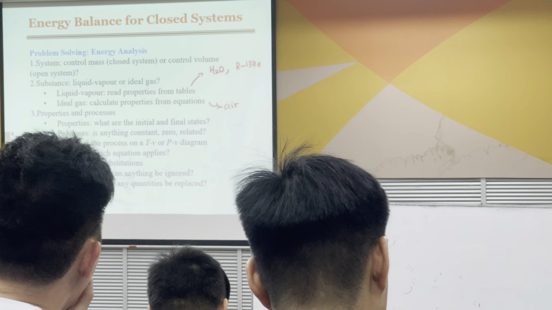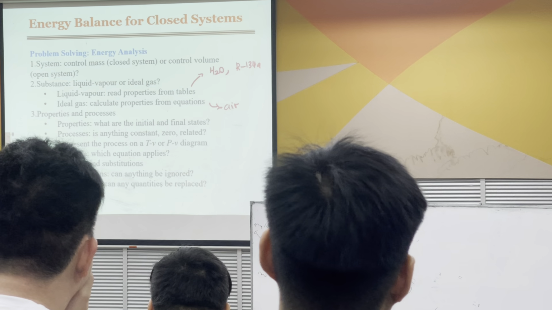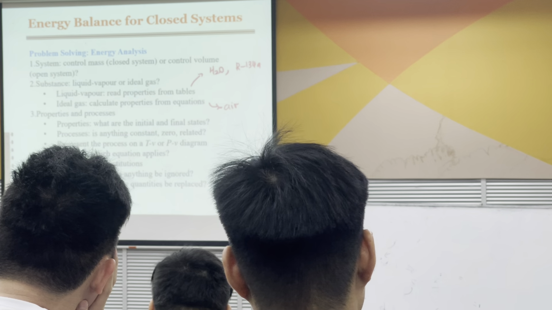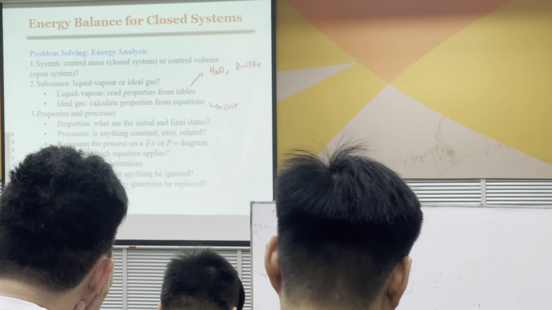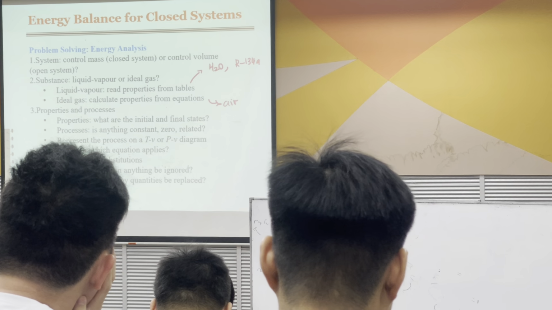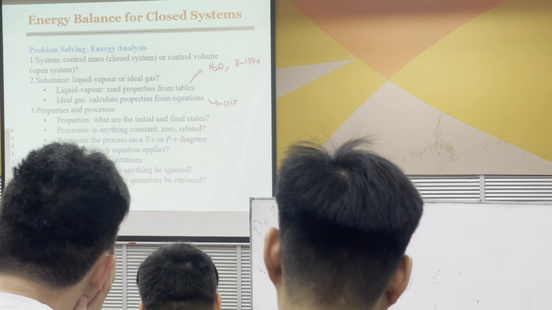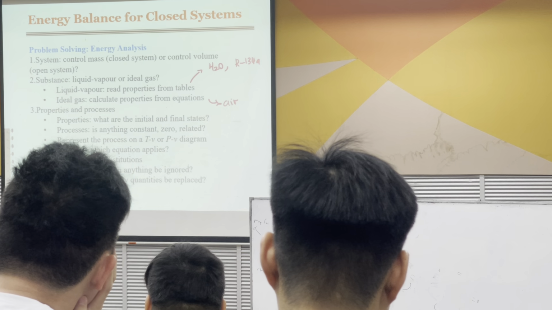So once you are done with this, the rest are a bit ambiguous. For the properties and the processes, this is where you need to note down what properties are given to you, how many processes there are, and how many states. Usually one process has two states. So note the properties that the question gives you for the initial and final state.